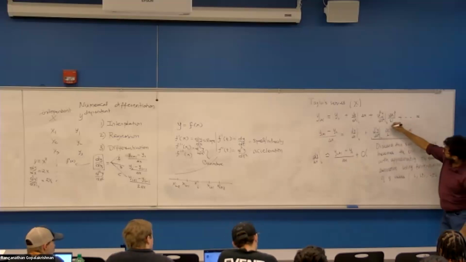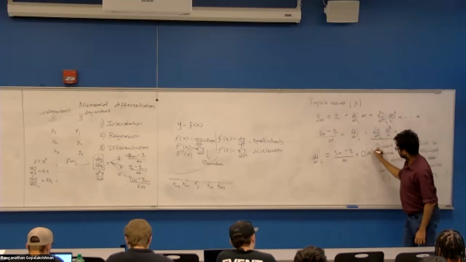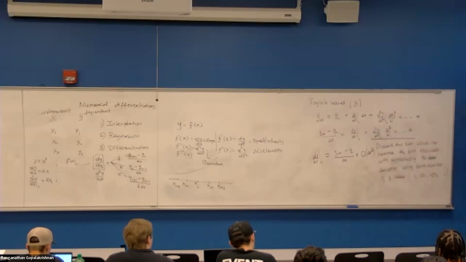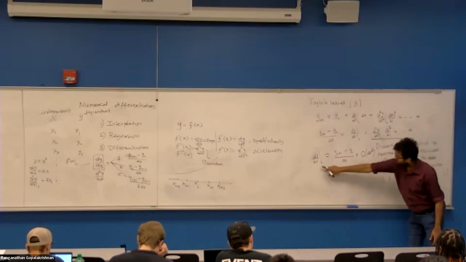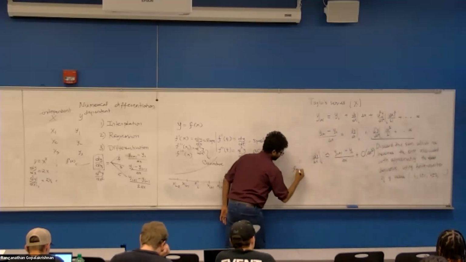The n. It scales as delta x to the power 1. Okay. So this is the procedure to get an approximation for the first derivative.